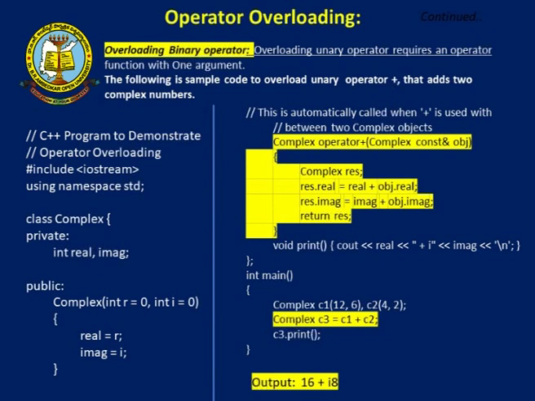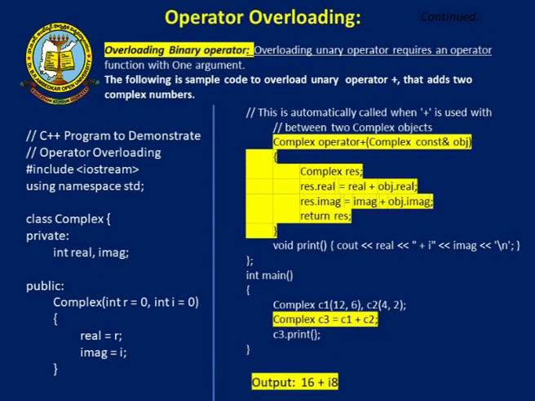Here 12 is the real portion and 6 is the imaginary portion, and C2 contains two portions, 4 and 2. 4 is the real part and 2 is the imaginary part. When you write C1 plus C2, it automatically calls this operator function. It automatically invokes this operator function.